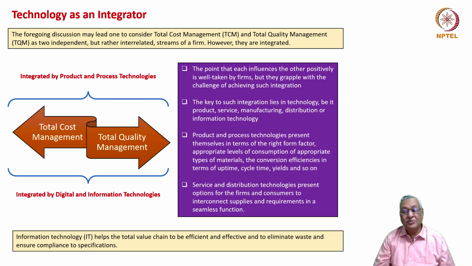It also helps eliminate waste and ensure compliance to specifications. It could start from monitoring of how each operation is happening. It could be sensors that are deployed in the production floor to ensure that components of wrong weight are not put in. It could be weighing machine systems when the components are coming out to ensure that the components which do not make the right grade are eliminated.